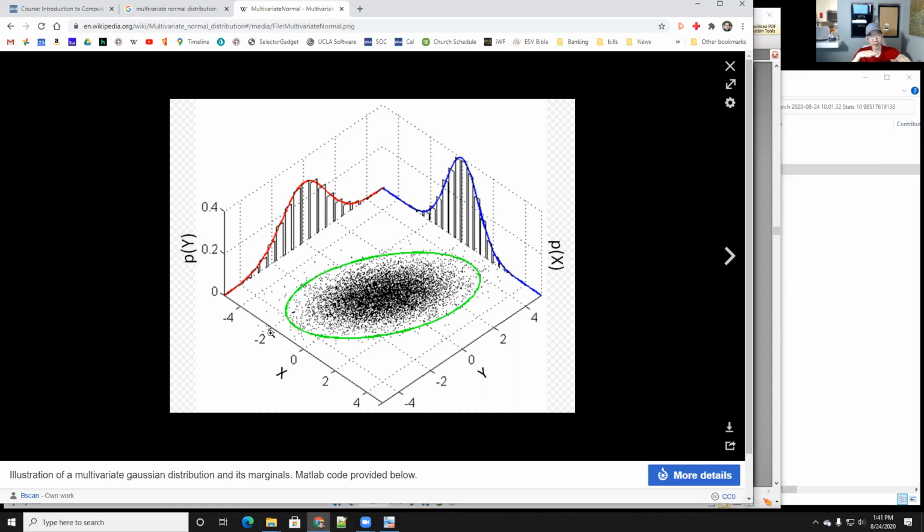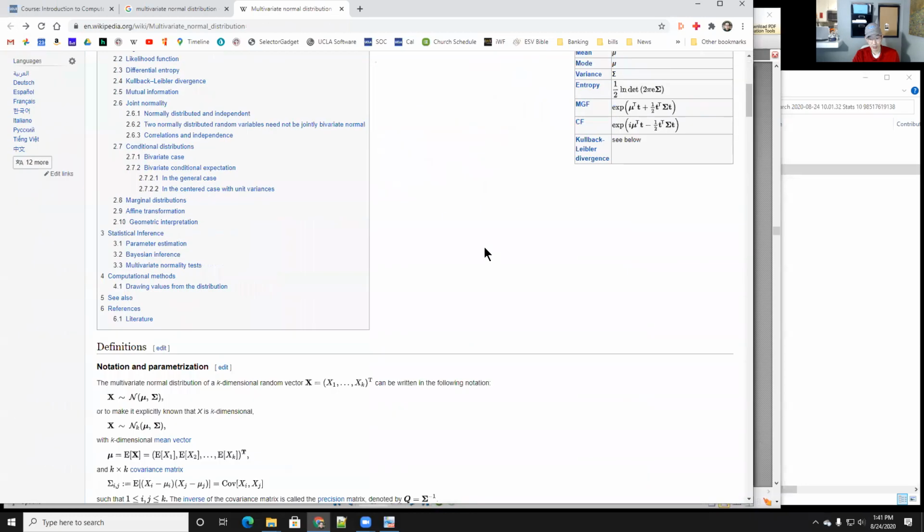If you imagine these are like grains of sand and you tilted it so they all fall on the x-axis, you'd get a normal distribution here. If you dumped it the other way, you get a normal distribution the other way. And here there's some correlation, and so we get this ellipse.